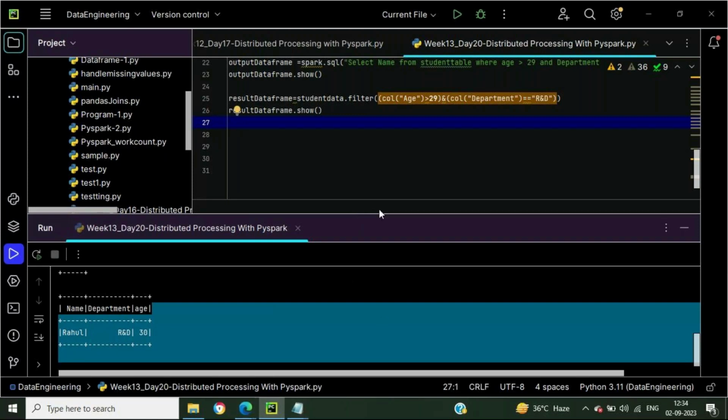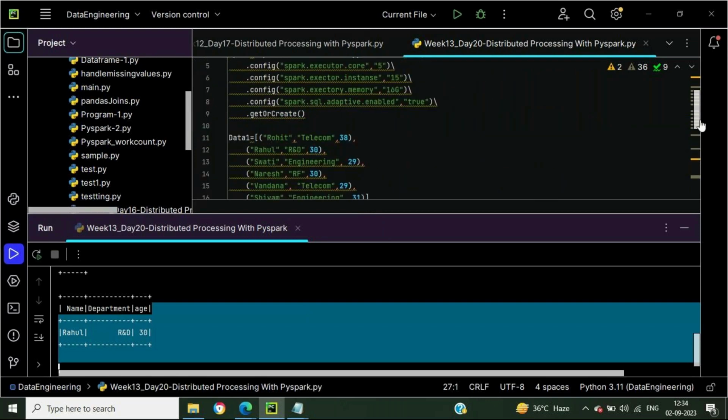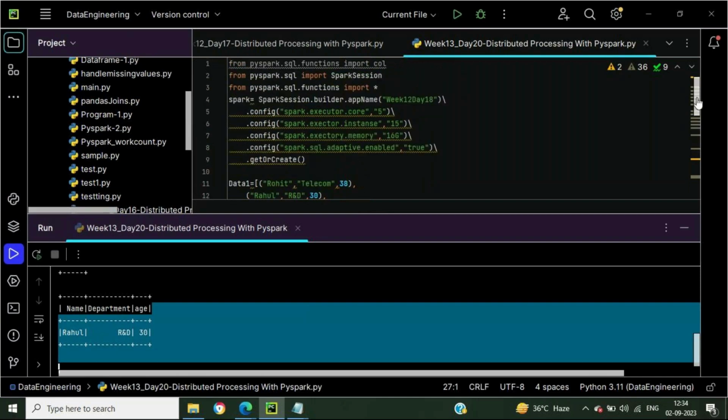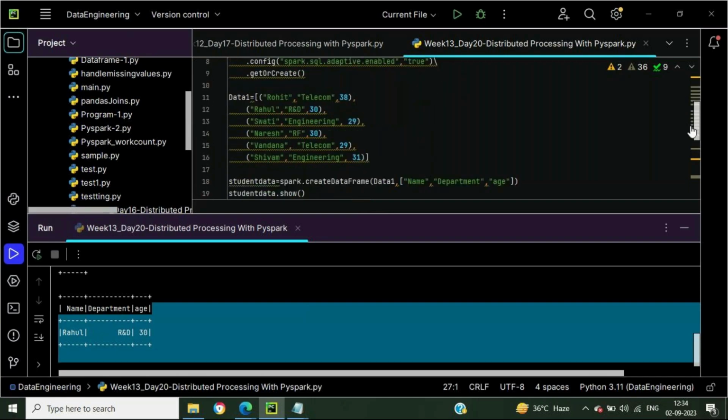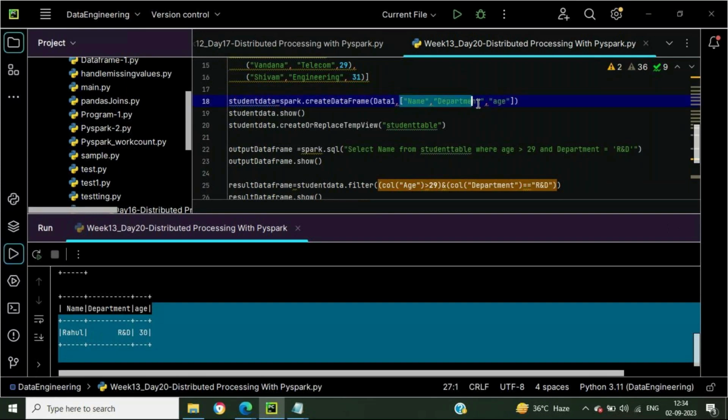We are moving step by step. First of all, we had a particular list, and on that list we created a data frame, and the data frame did not have a schema, so we gave a schema, and then we created a temp view on top of that data frame.